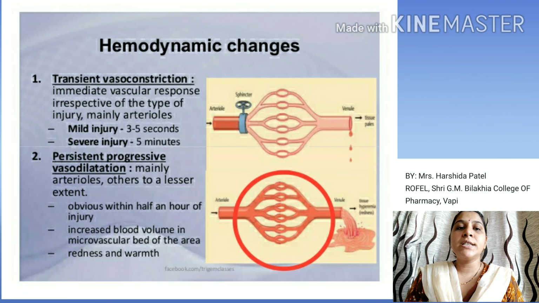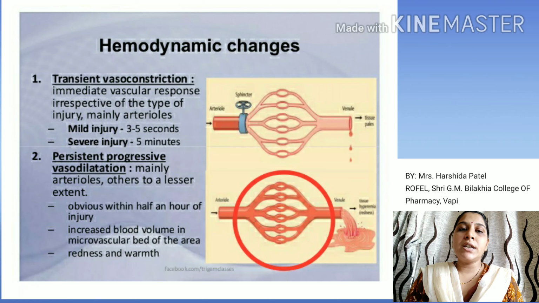The next stage is persistent progressive vasodilation. This mainly happens in the arterioles again. Others are affected to a lesser extent. This process is obvious in any injury within half an hour of the injury.